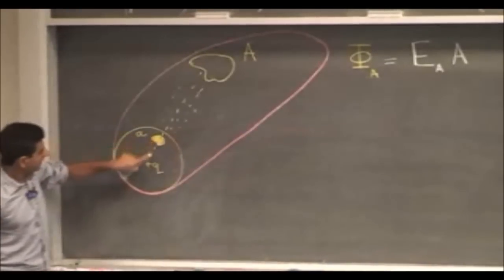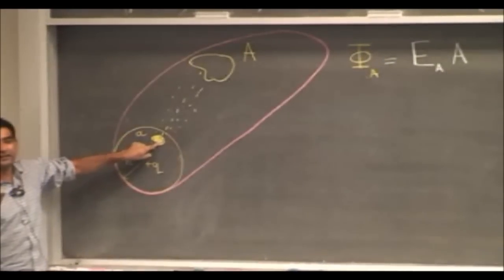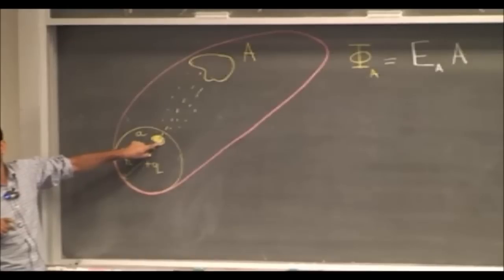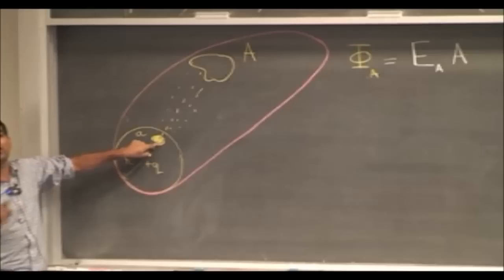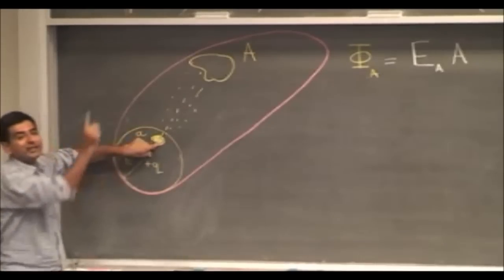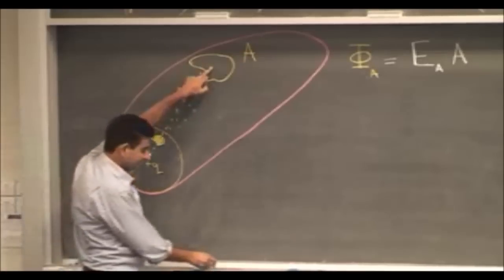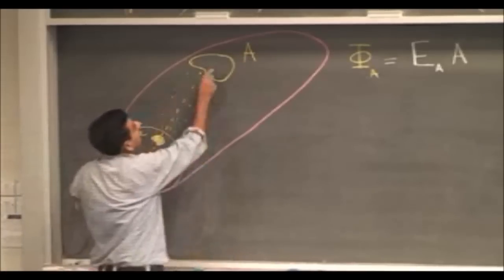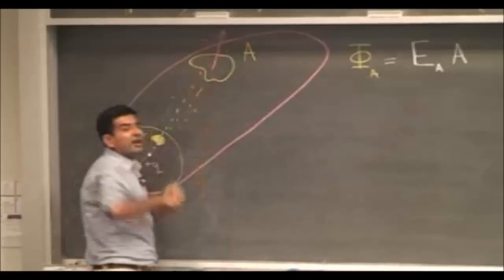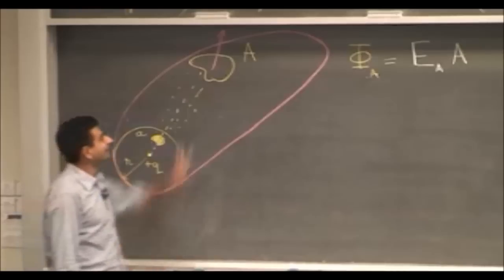Now this area vector, is it parallel to the electric field? The area vector here is pointing normally outward because this is a sphere, and the electric field is also pointing outwards, along this. But for this area, the vector can point in an arbitrary direction, right? Because it's not a sphere.